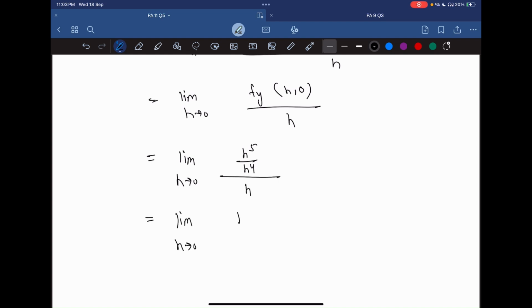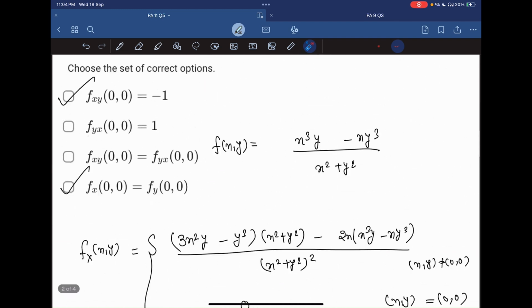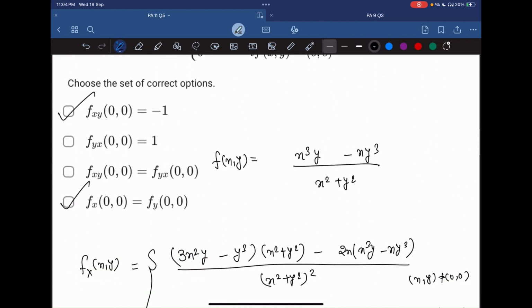That is the same as before, so the derivative comes out to be 1. And that's what is given in the option. So these are the correct answers. Thank you.